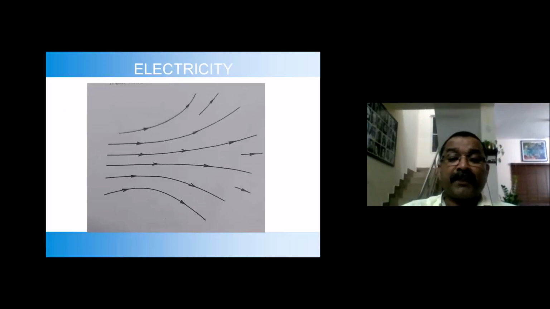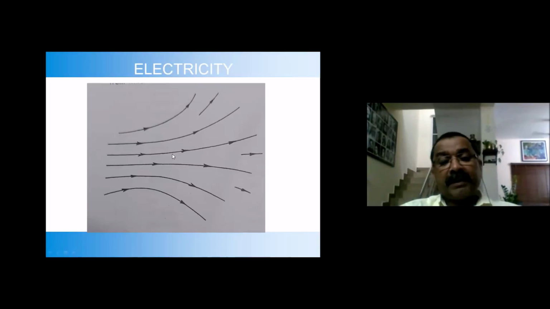This is another way of representing a field. Here we have connected all the rays and made some lines. This gives us more physical feeling about the field. But from the earlier picture, one quality is missing: we don't have an idea about the intensity of the field at a point.